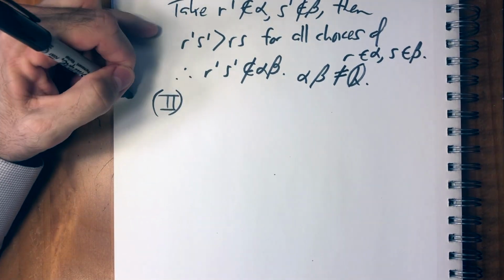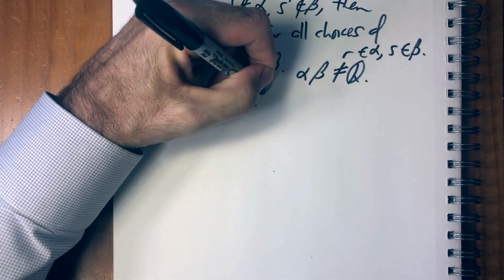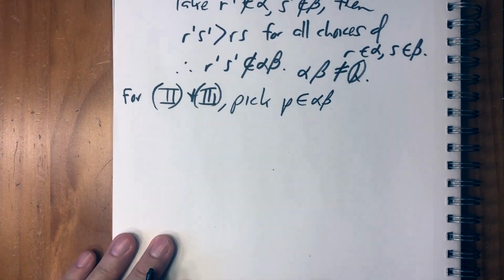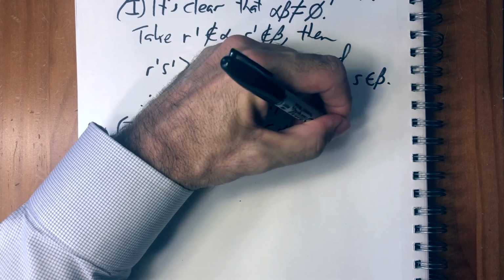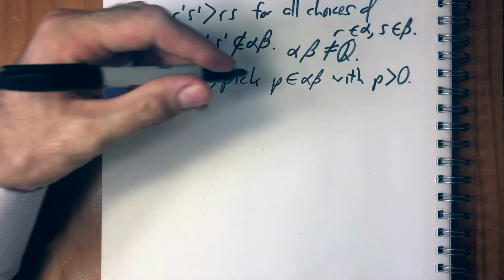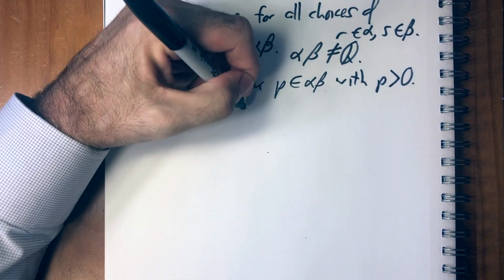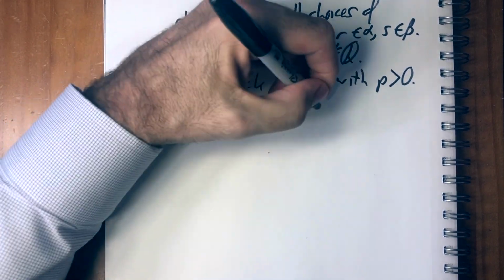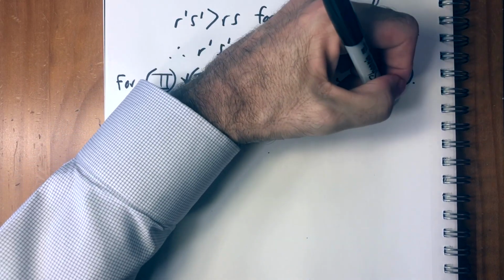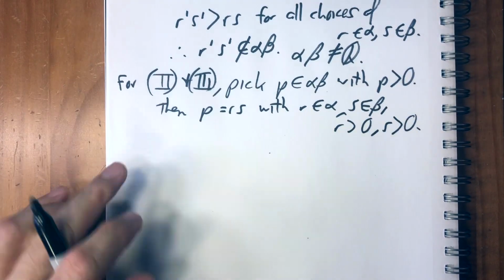Okay, so for 2 and 3, pick p an element of alpha beta with p greater than 0. Then p equals rs with r element of alpha, s element of beta, r greater than 0, s greater than 0.